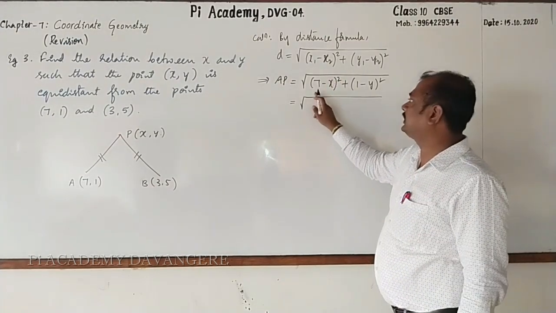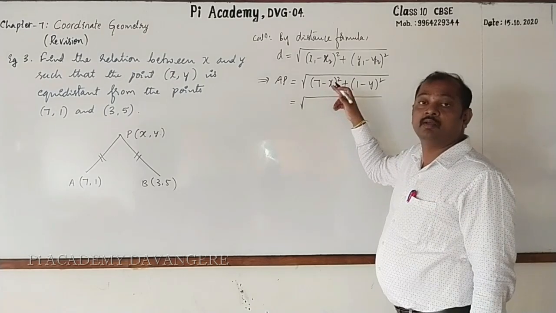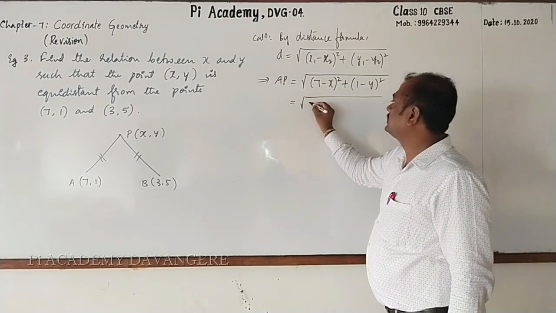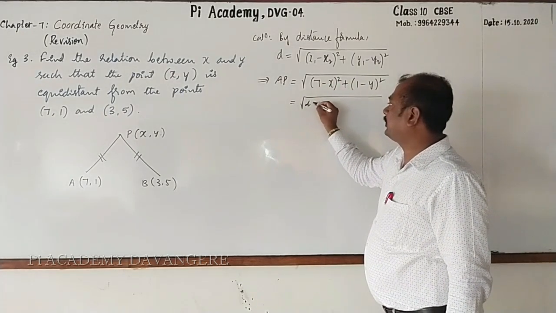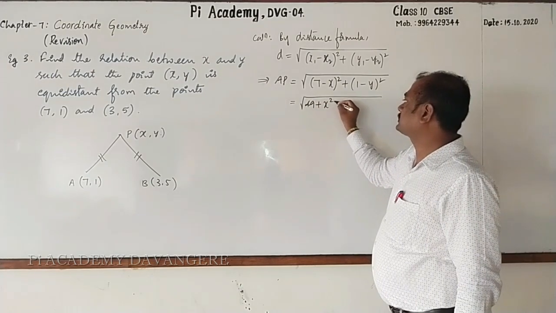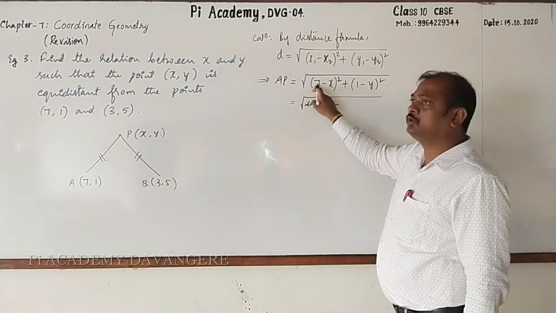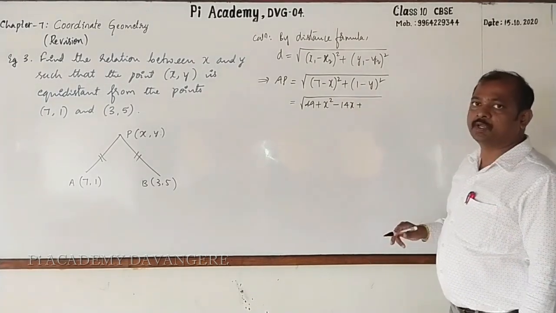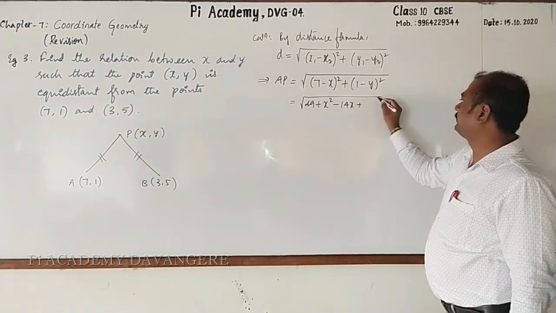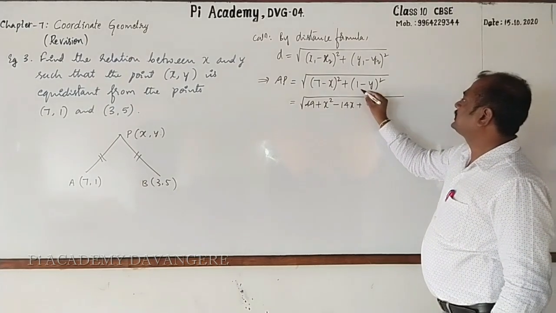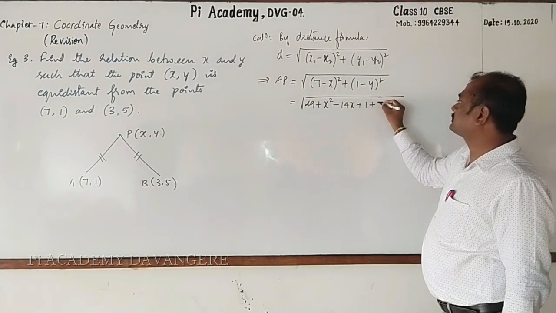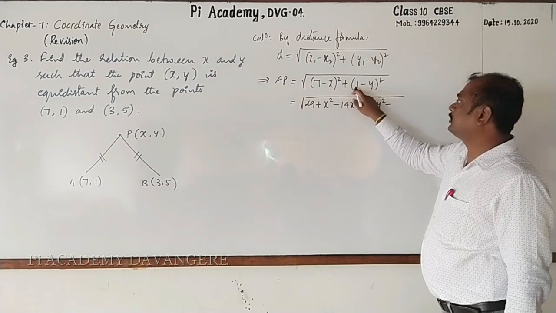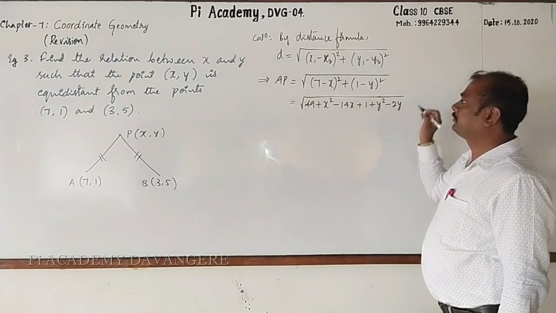Use that identity: a square plus b square minus 2ab. 7 square means 49 plus x square minus 2 into 7 into x, it is 14x. Plus (1 minus y) whole square is also of the same form. Use the identity: 1 plus y square minus 2 into 1 into y, minus 2y.